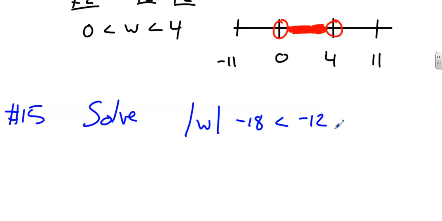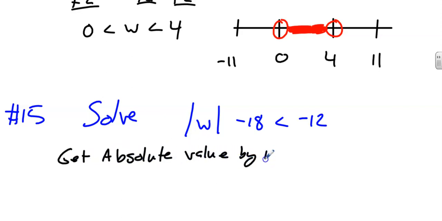When you're solving with absolute values, you do have to get the absolute value by itself. Before you do anything else, you've got to get the absolute value by itself first. For this problem, that means you're going to add the 18 to both sides.